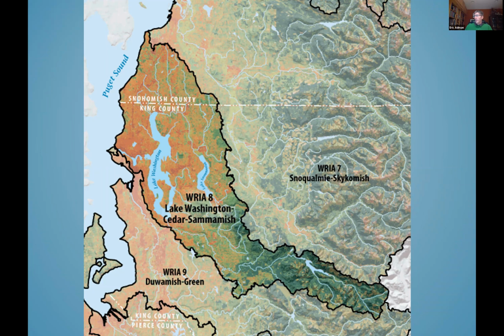The acronym is WRIA. These are areas that are organized largely for managing salmon recovery efforts. WRIA 8 is one of the biggest in terms of a group that's organized and working on Chinook salmon recovery. But that's an example of another watershed.